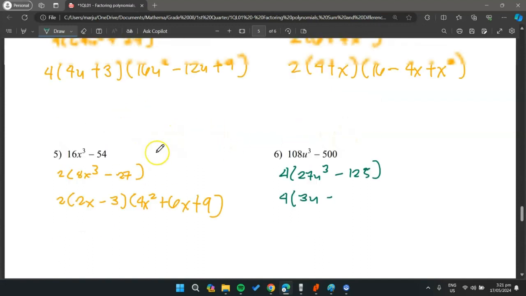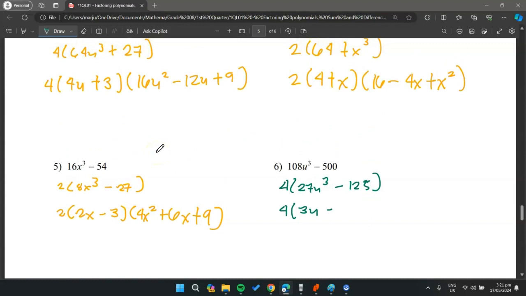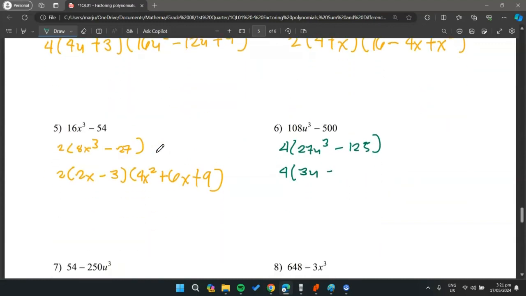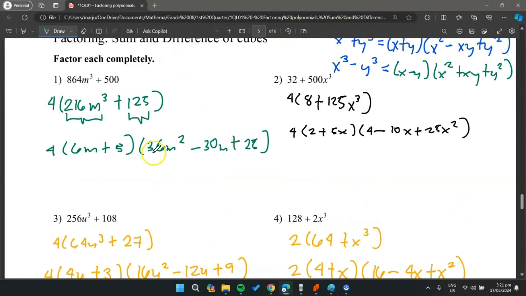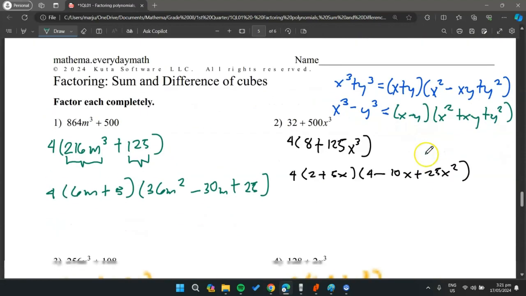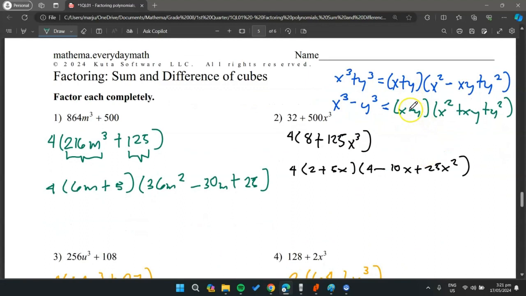Wait. This is now a difference of two cubes, right? So the difference of 2 cubes is just this: x minus y, and then we are just going to change the sign from positive to negative and then negative to positive.